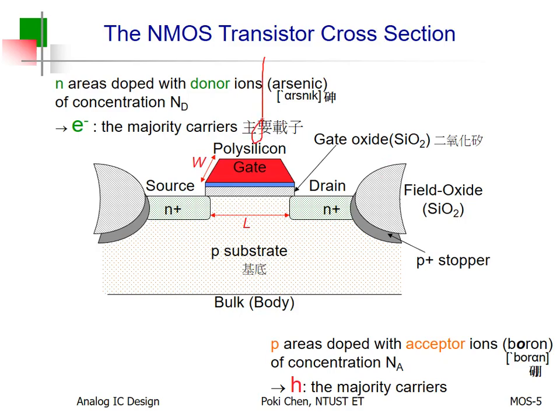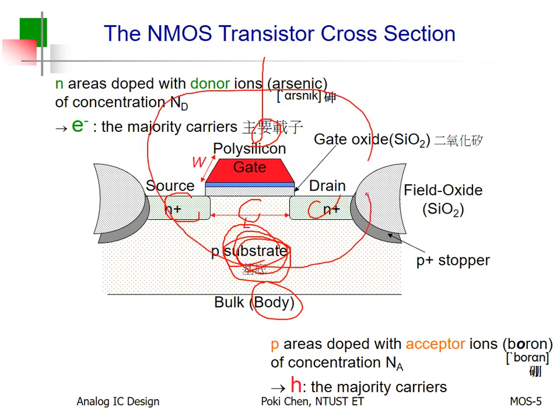Later I will explain how to create such a channel from nothing. Yeah, from the beginning you have only N plus, P minus, N plus. That is the P substrate, we call it body. How can you apply proper voltage to here, to the body, or to the future channel? From such a three-dimensional view, it is totally impossible, right?